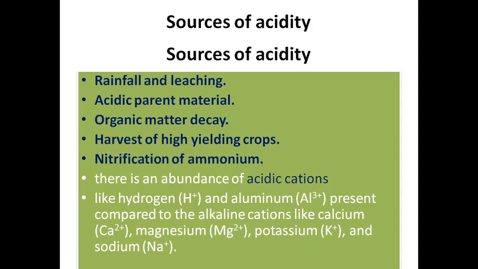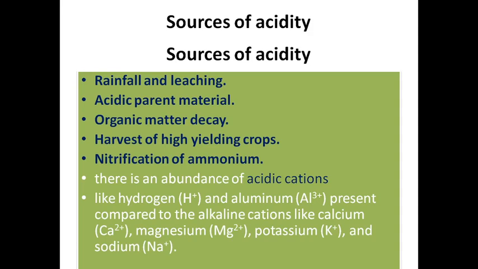But organic matter decay, harvest of high-yielding crops, nitrification or ammonification are other anthropogenic causes responsible for soil acidity. And moreover, acidic rainfall. Normally, rainwater is slightly acidic.